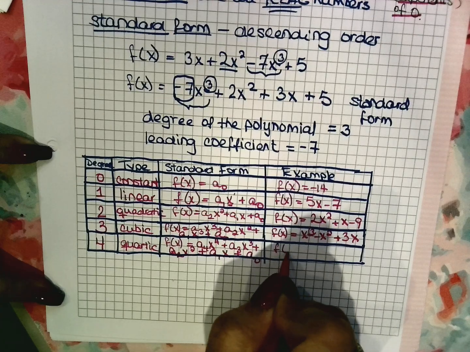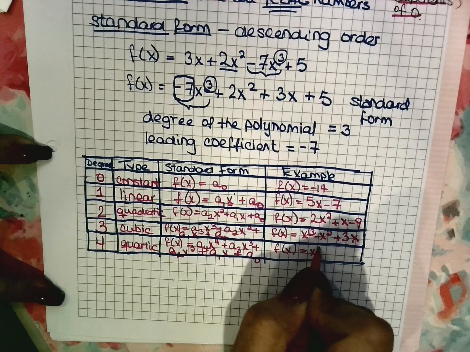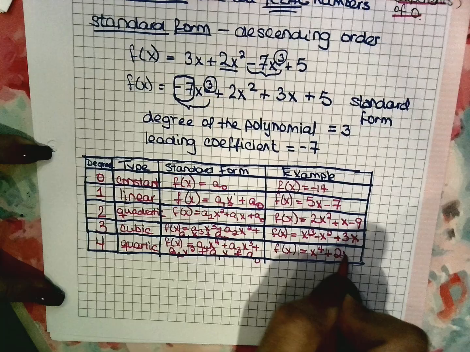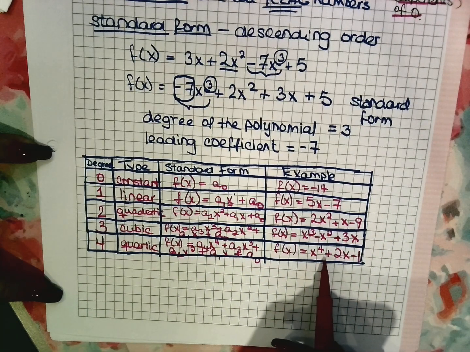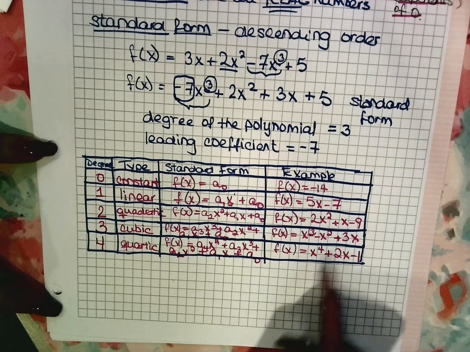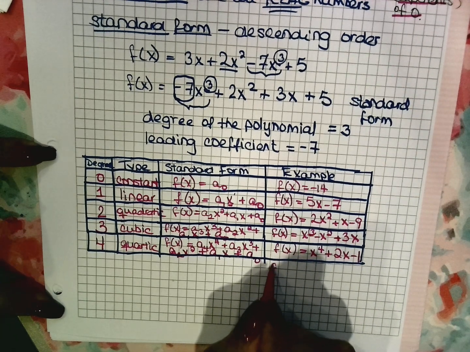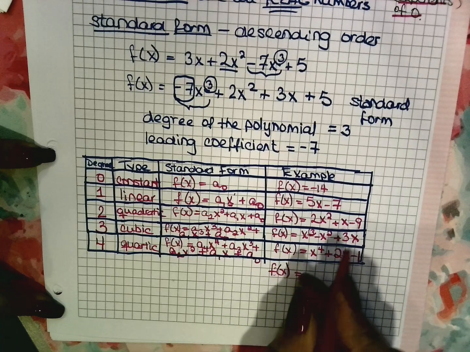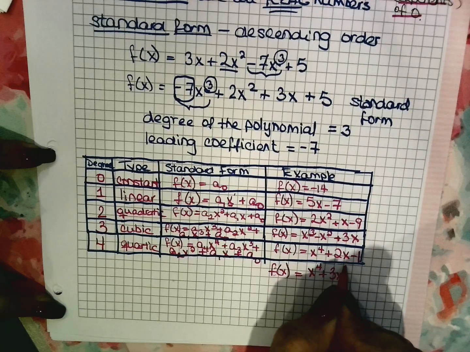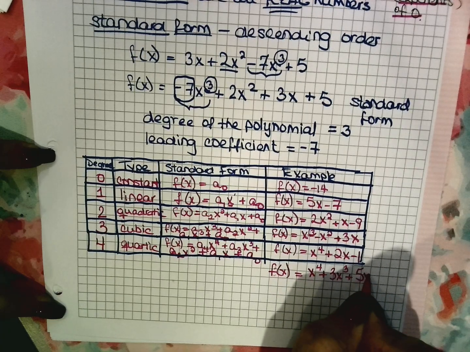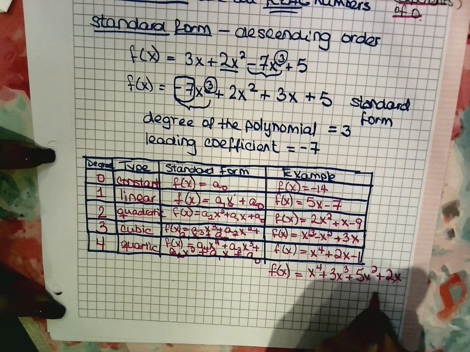So here's an example of this one: x to the fourth plus 2x minus 1. Again, you're missing an x to the third term. You're missing an x squared term, but that's fine. You could have easily made it like this. These are all quartics, so it could easily be x to the fourth plus x to the third plus 5x squared plus 2x minus 1.